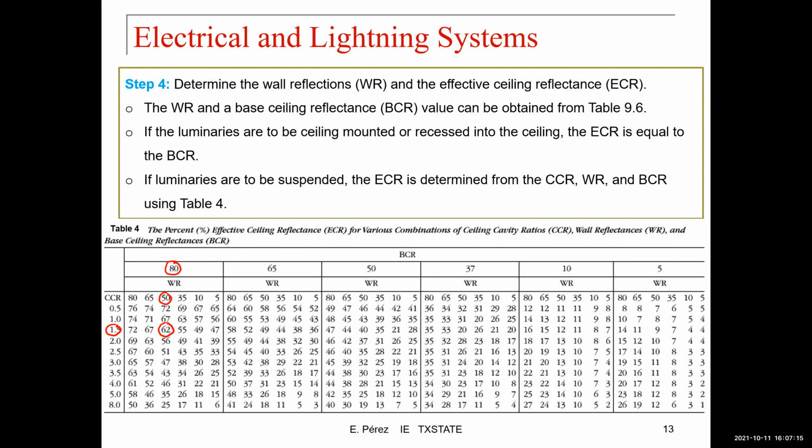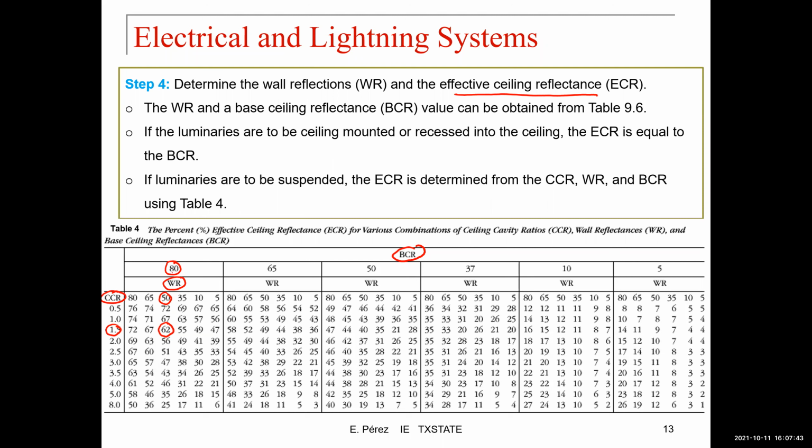In order to get that effective ceiling reflectance, ECR, we have to use the value for BCR, the base ceiling reflectance, the wall reflectance, and the CCR. So using a combination of these three values, you can find the ECR value inside the table.